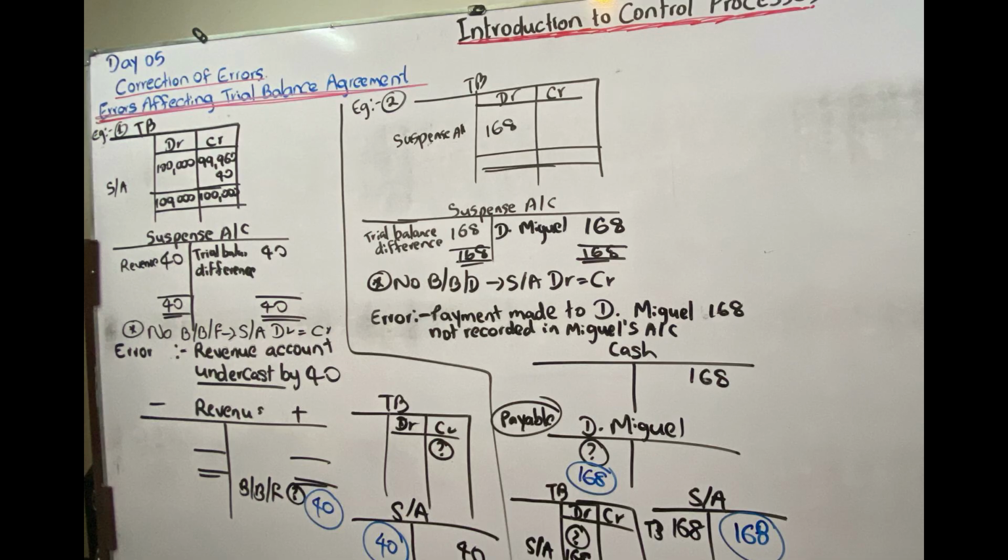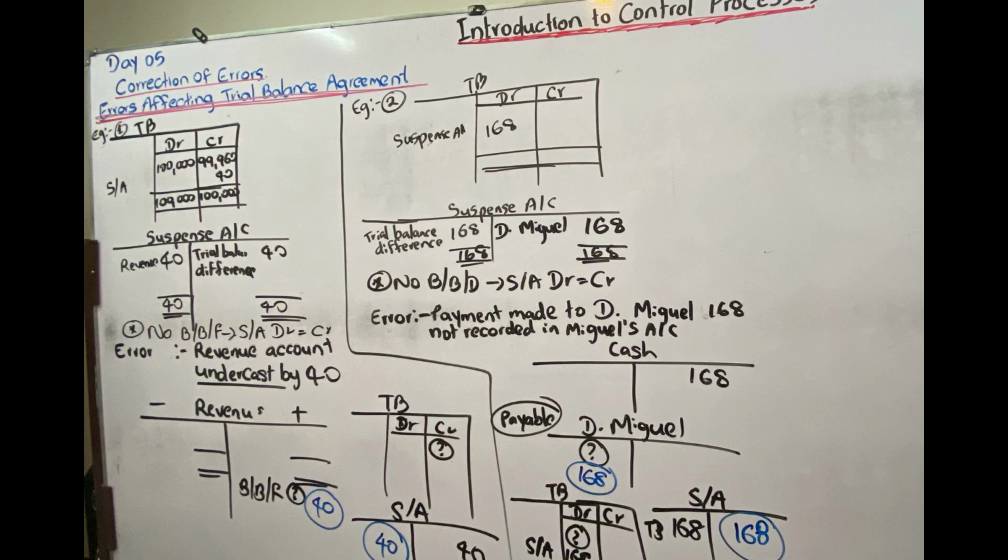When we make a payment, the cash book should be credited, and it's recorded. When we make a payment to D Mitchell, this is a payable account, and it was not recorded. Because of this, when we prepare the trial balance, there will be a debit side difference of 168, right?